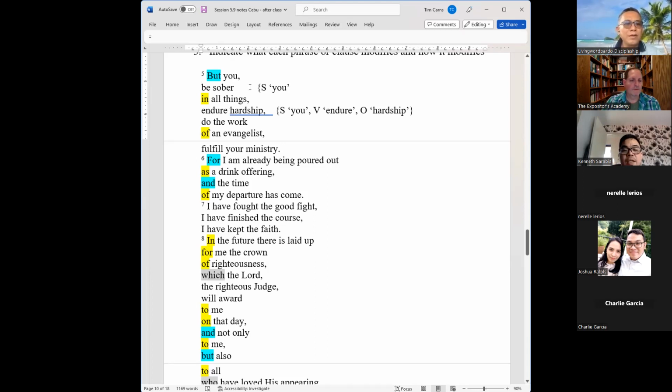Is it normal in the translation, Pastor Tim, if there's more than one command, to put a comma on the subject? No, it's that he's repeating the subject. A more literal translation would be "but you." So he put the pronoun "you," and then he puts the command "be sober."